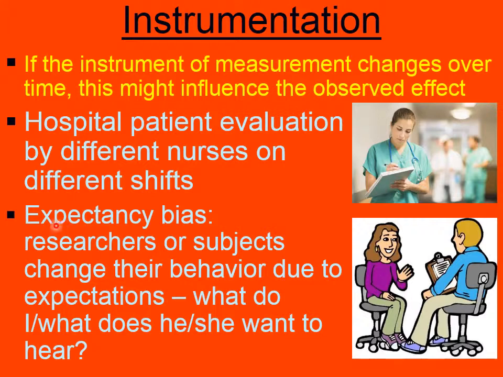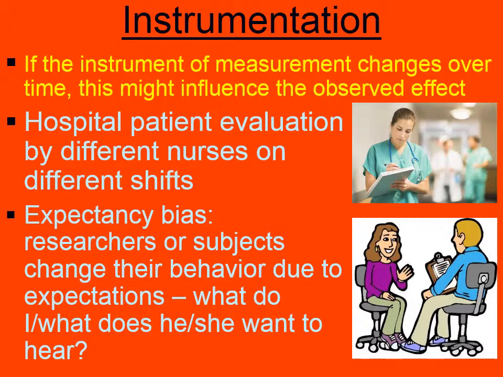The other one I have on this slide, you do have to worry a lot in research about cognitive biases, like expectancy bias, for example, that I have illustrated here. When you have an observer or a researcher, say, interviewing someone or watching something, that person might see or hear what he or she expects to see or hear.